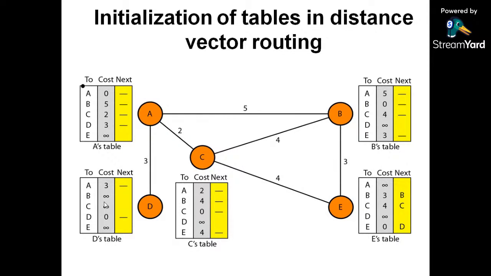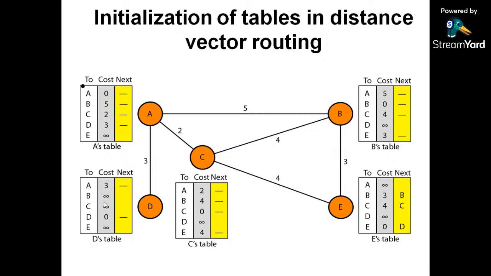So costs are given here. In this, from each node, the distance to all the nodes, that is from A to B, A to C, A to D, A to E, the cost is given, and thus we can make each node's table, that is A's table, D's table, C's table, B's table, and E's table. Let's see.